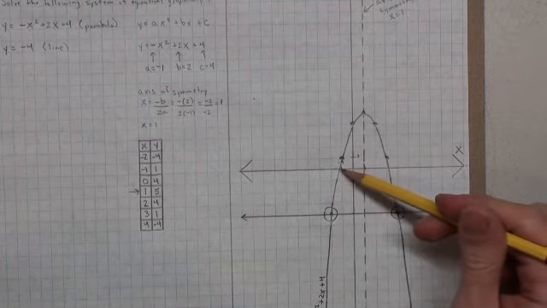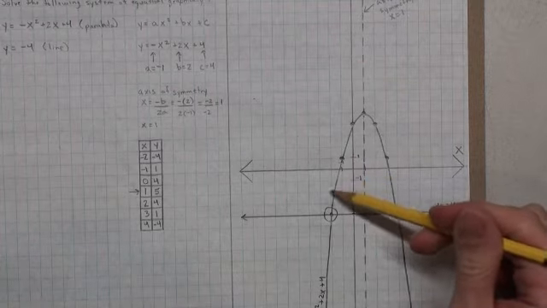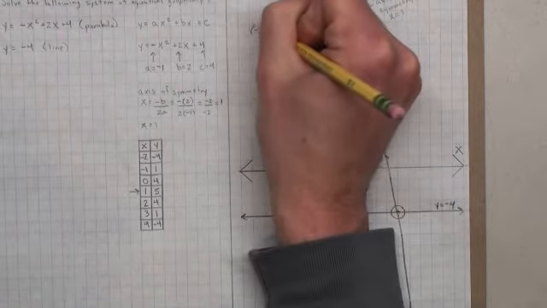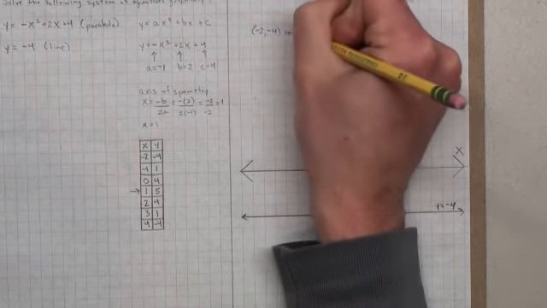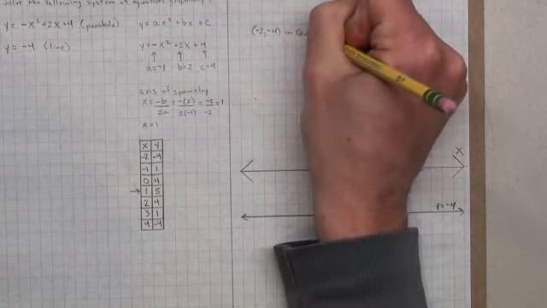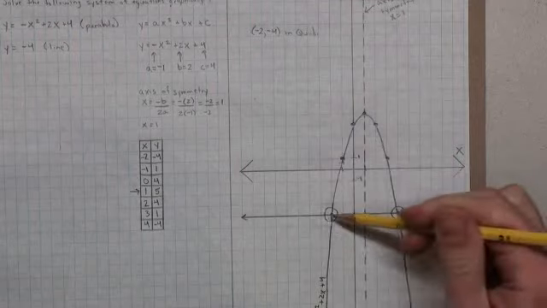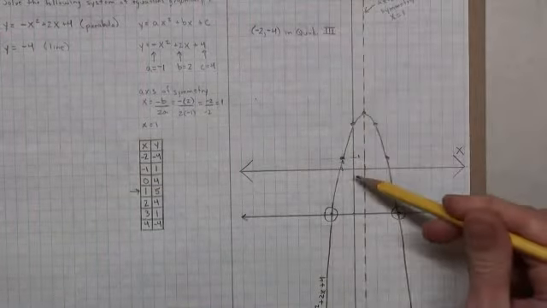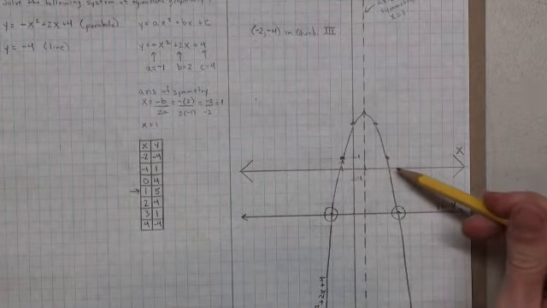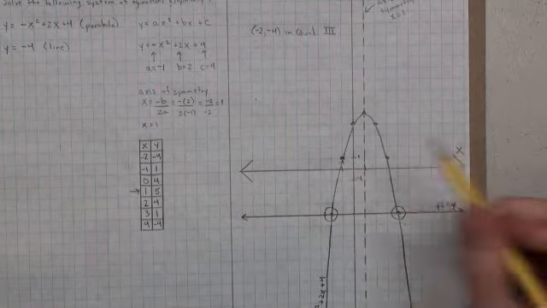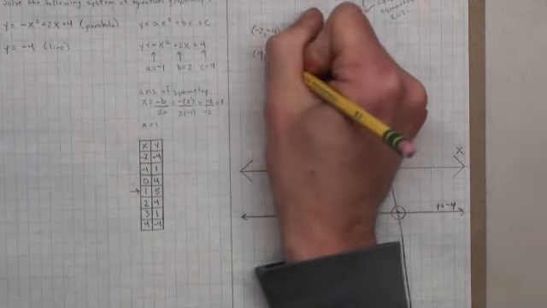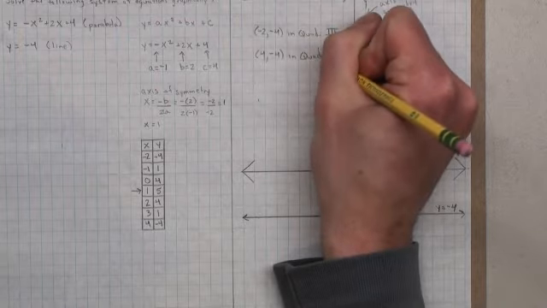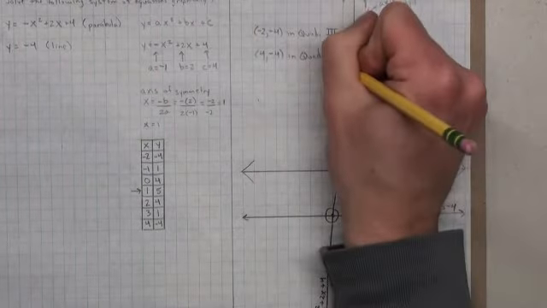All right, so -1, -2, -1, -2, -3, -4. So -2, -4 in quadrant 3, and then we have 1, 2, 3, 4, 1, 2, 3, -4. Then we have 4, -4 in quadrant 4.